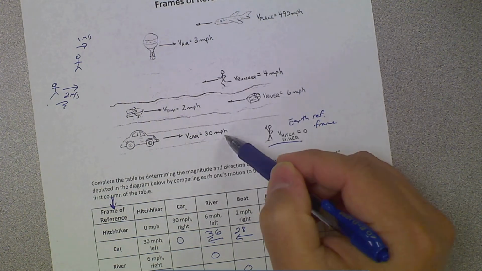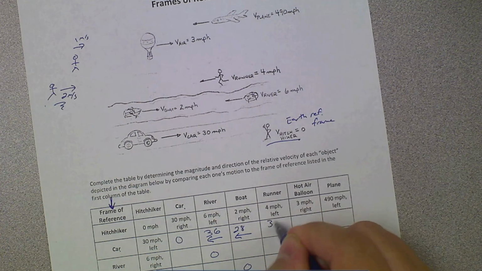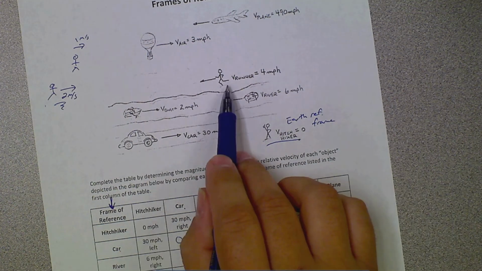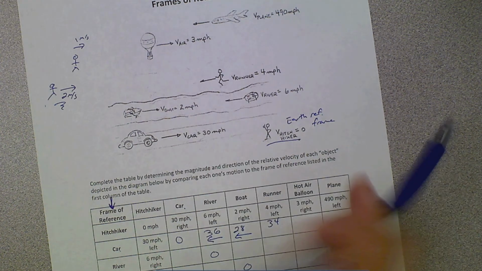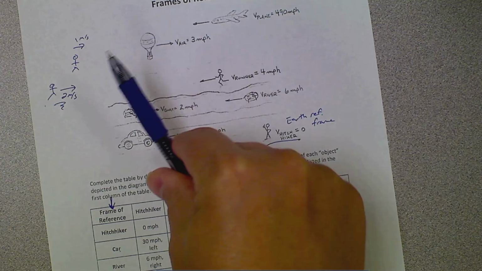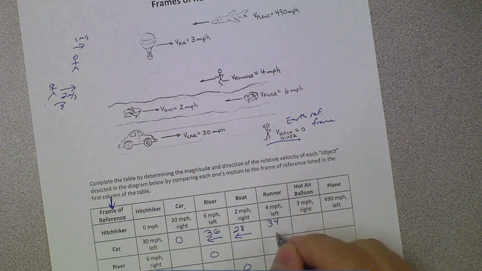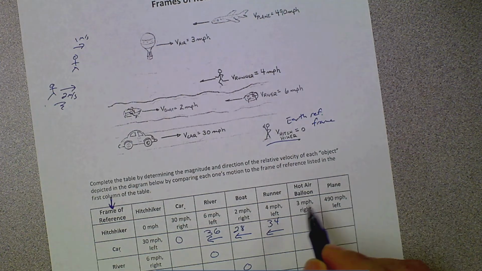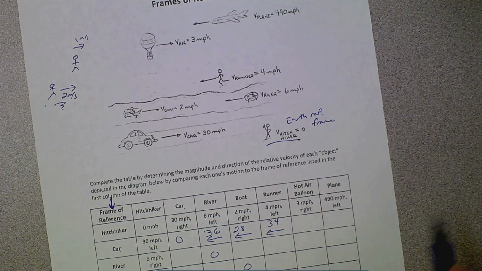So 30, 4, 34. In the car, which way do I have to turn my head to follow the runner? As I'm driving by, I have to turn this way to follow the runner. So, again, that way.